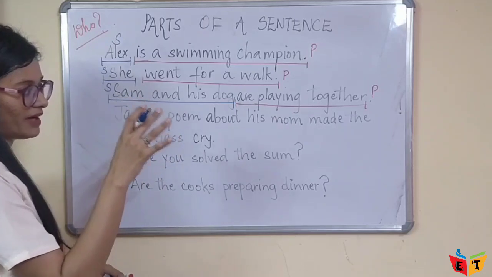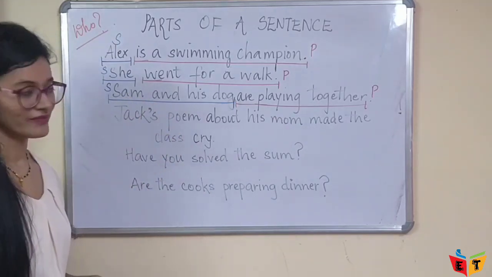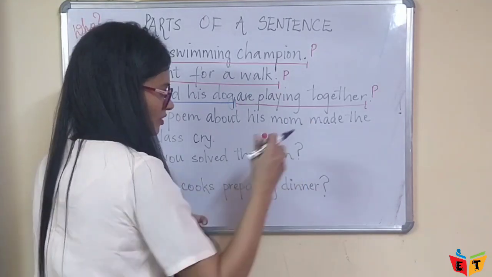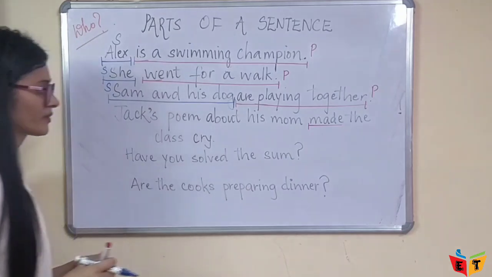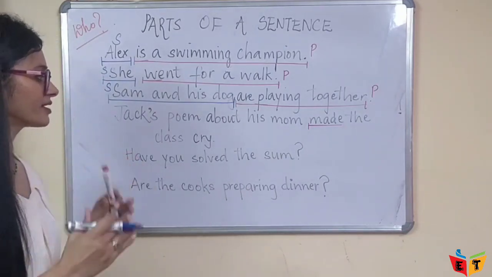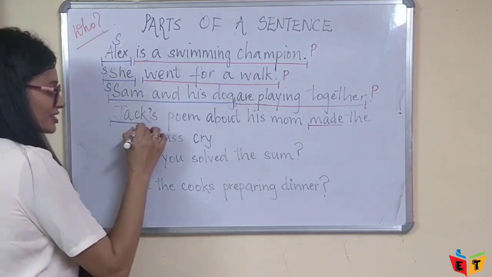Jack's poem about his mom made the class cry. Now what's the verb here? Okay, the verb is made. Now let's ask the question who before the verb. So who made the class cry? Jack's poem.